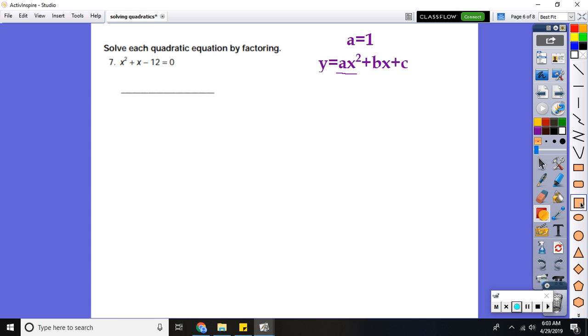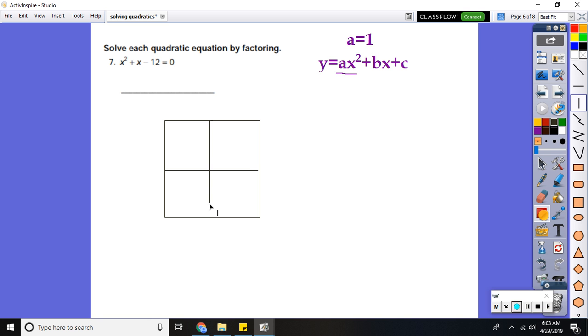So to use the box method, of course we need a box. And when we factor these trinomials, we know that our polynomials are binomials, 2 by 2s. So 2 rows, 2 columns.